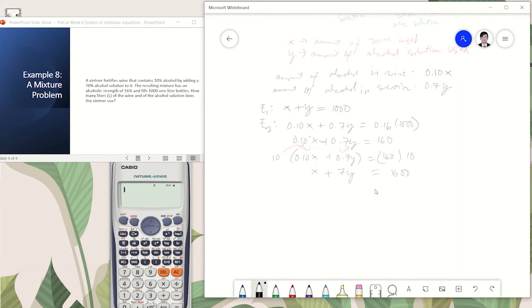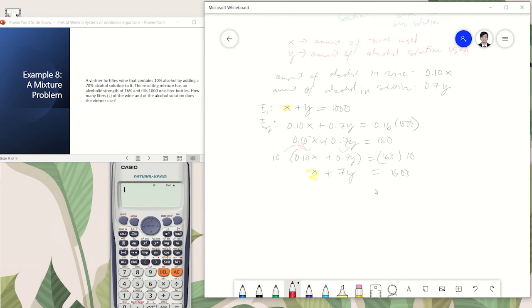Now, it's up to you whether you will use substitution or elimination method. But in my end, I've noticed that they have the same variable in this portion. It's just that they have the same sign, positive.